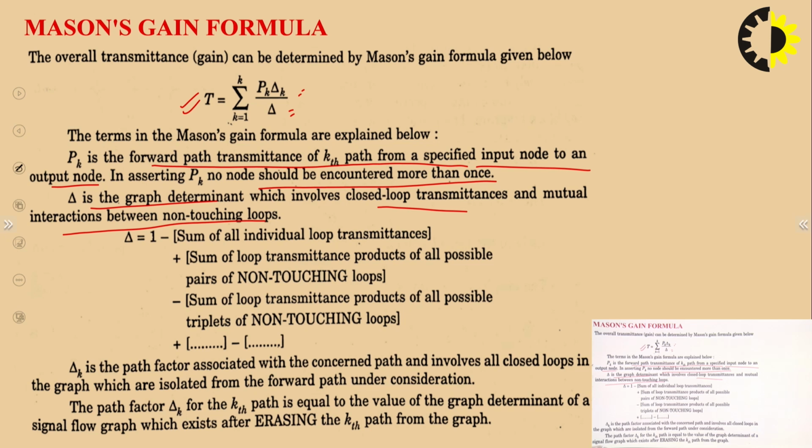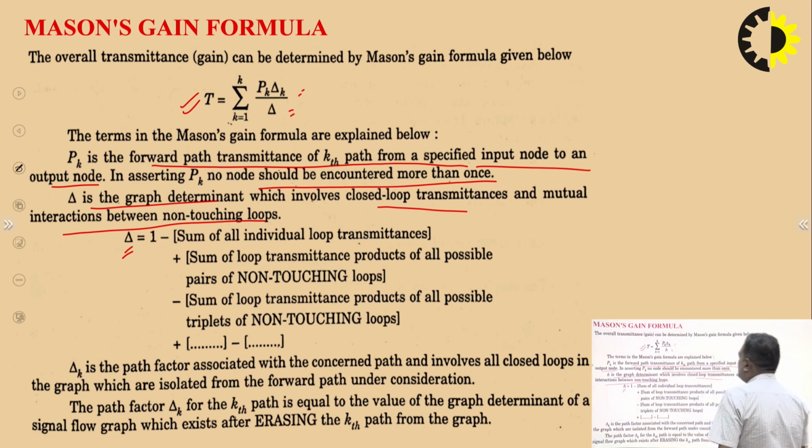The formula for delta is 1 minus the sum of all individual loop transmittances, plus the sum of loop transmittance products of all possible pairs of non-touching loops, minus the sum of loop transmittance products of all triplets of non-touching loops. It means we will find how many loops are single loops, how many pairs of 2 non-touching loops, how many sets of 3 non-touching loops, and like that. Accordingly we can find the value of delta as per the given signal flow graph.